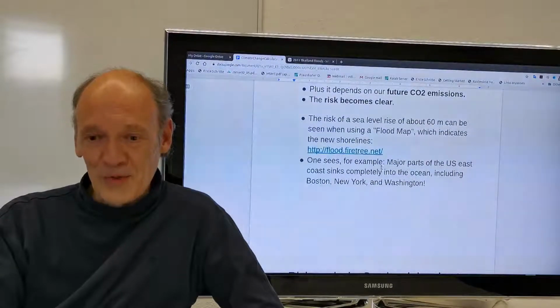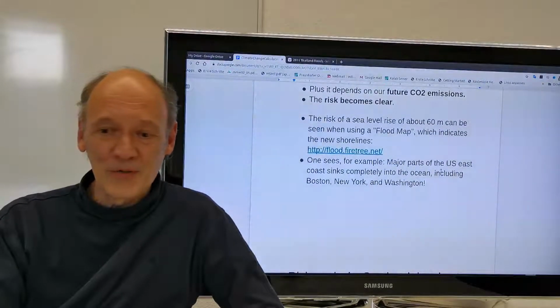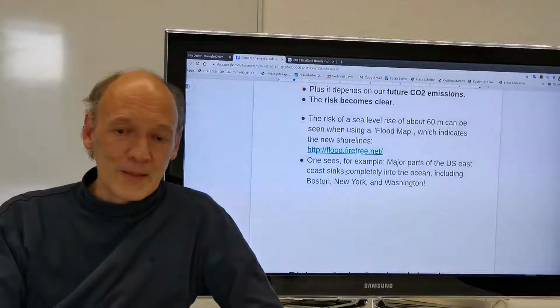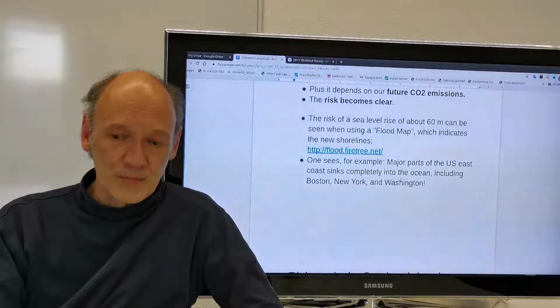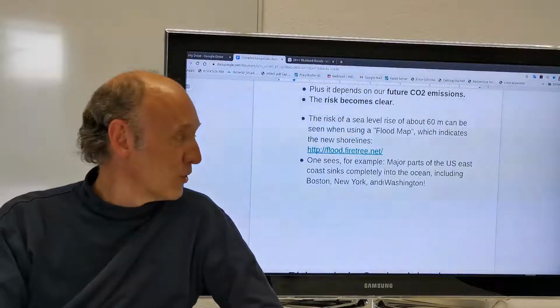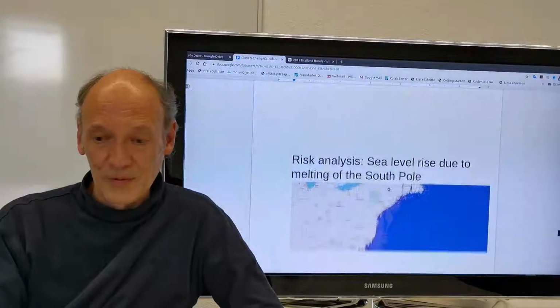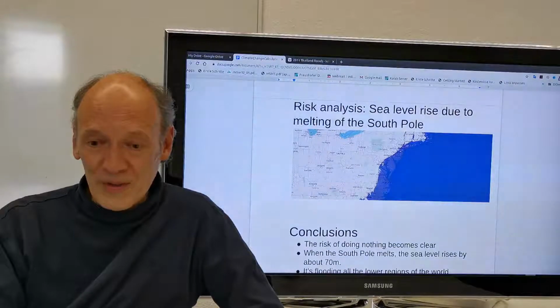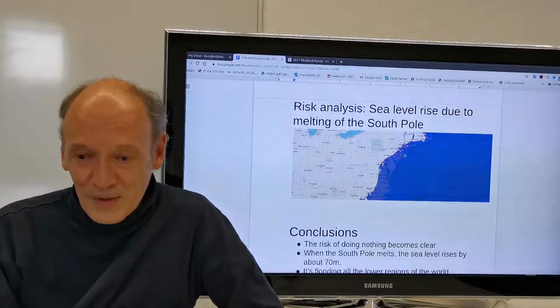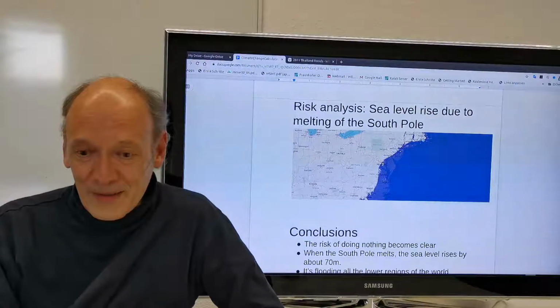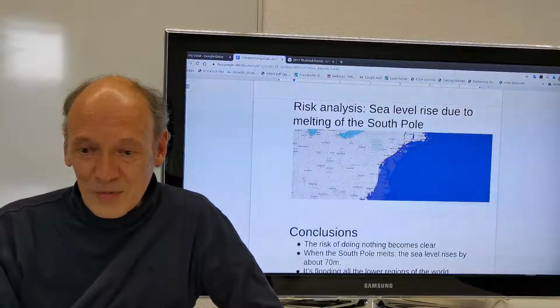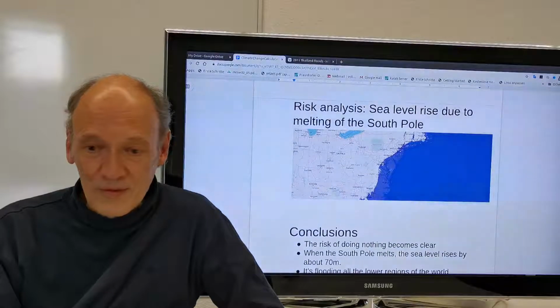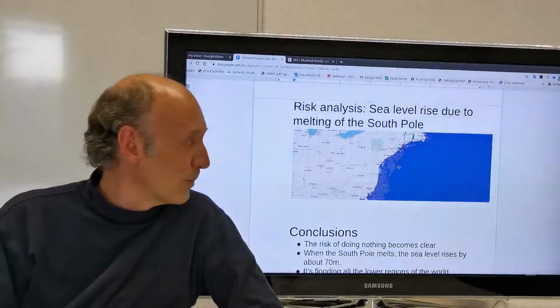So when we do that, we see, for instance, that major parts of the US East Coast completely sink into the ocean, including Boston, New York, and Washington. So this is what you can see here. Here you can see the new coastline, and you have New Jersey, Pennsylvania, basically the entire East Coast up to the Appalachian Mountains is then part of the ocean.